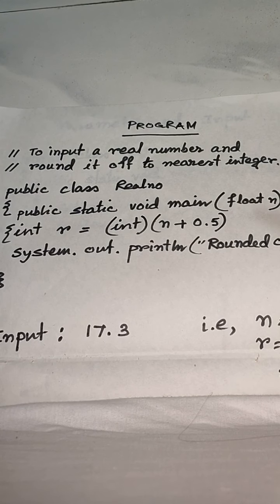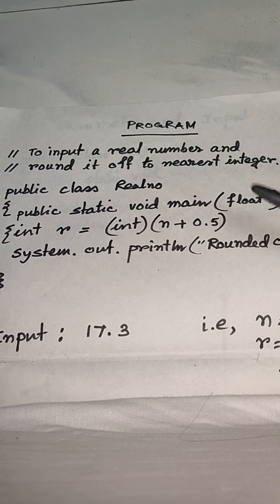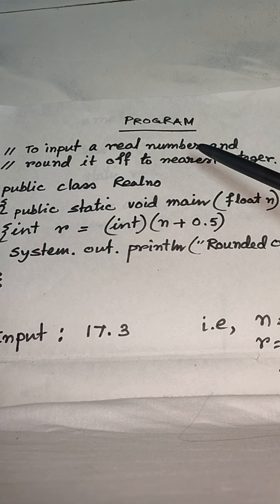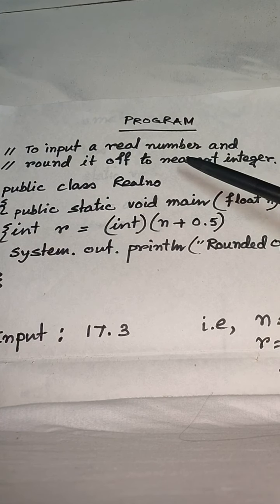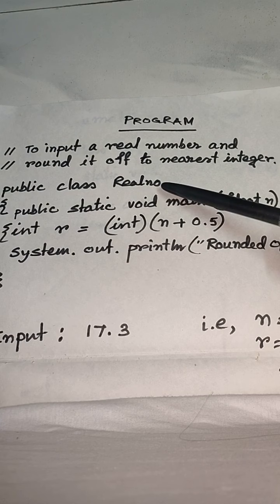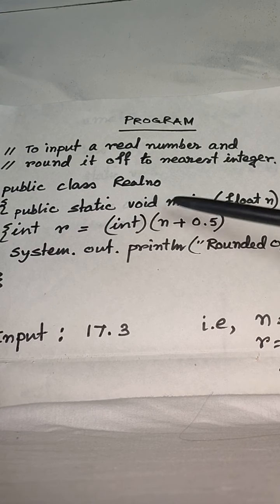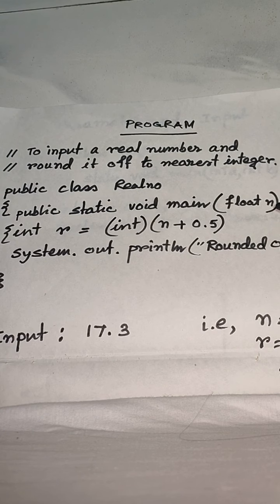One more program is given over here where we are taking input as a real number and then after rounding off, the nearest integer will be printed. Now in this program, class real number, and as the parameter float n is taken to accept the real number from the user.